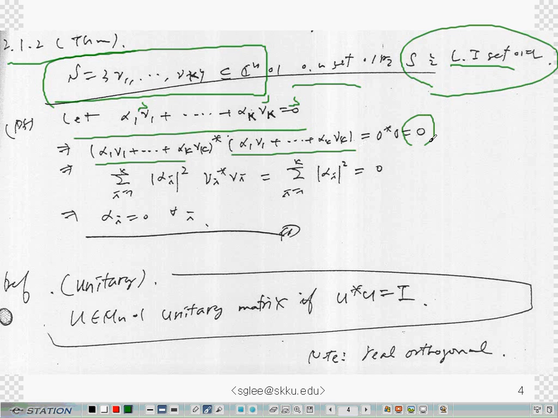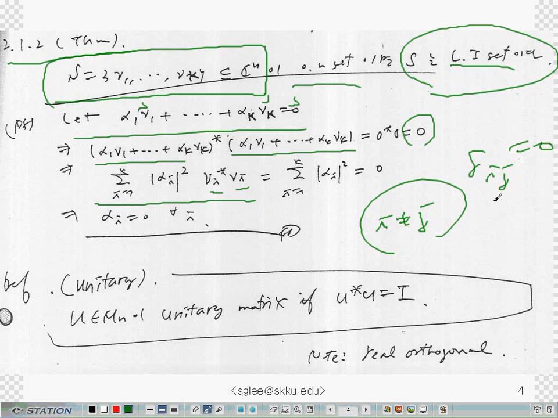Then the left-hand side should be 0 because that's the inner product of 2 zero vectors. But the right-hand side turned out to be this because it is also orthonormal. So when i is not the same as j, the inner product between those 2 different vectors is 0.